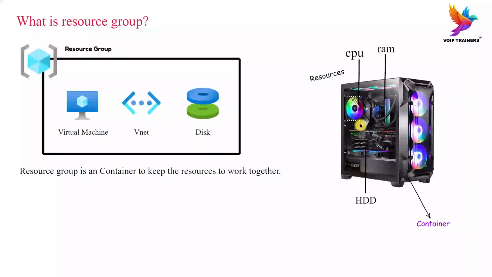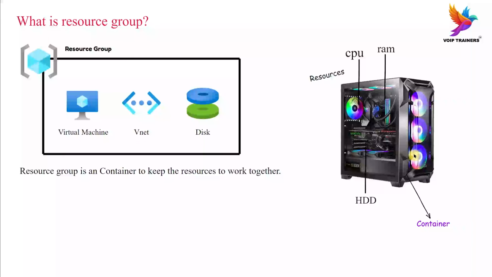What is a resource group? It's like a container to keep the resources to work together. For example, if you take a CPU cabinet, you can call this cabinet a container which contains CPU, RAM, and hard disks in order to start the OS. The same thing.